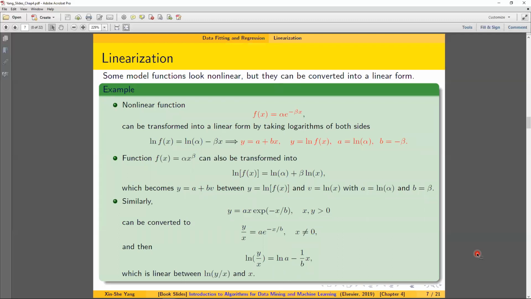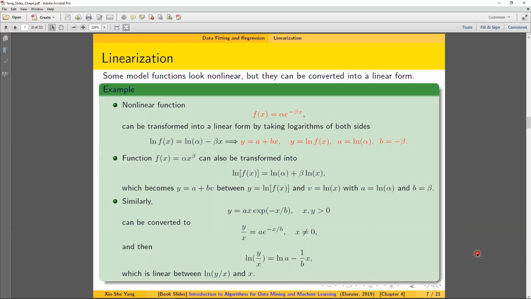Here I introduced the linear regression. Now, what if some of the model functions look nonlinear? One possibility is you could convert them into linear form. Let's use this as an example. It's a nonlinear function f(x) equal to alpha times e to the power of negative beta x.